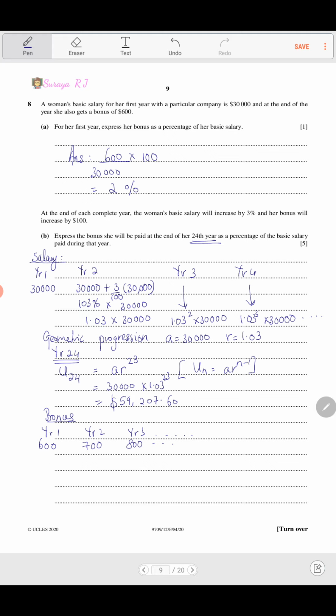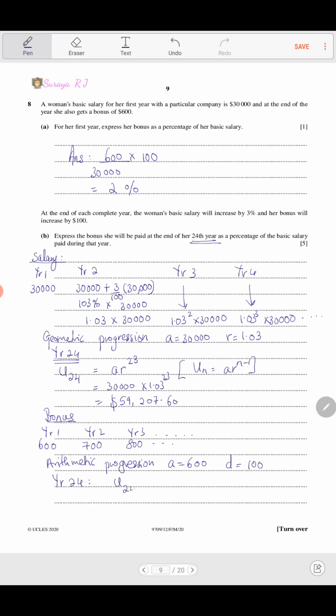So this one is an arithmetic progression. First term is 600 and the common difference d is 100.